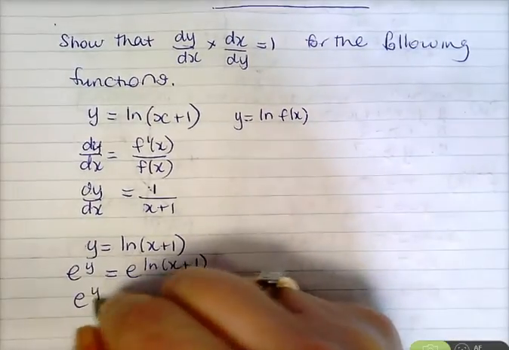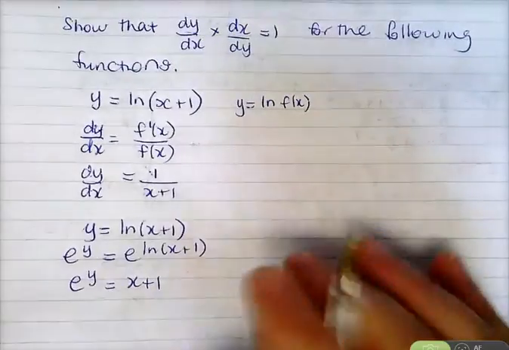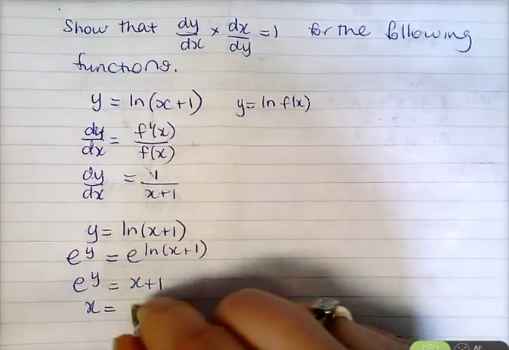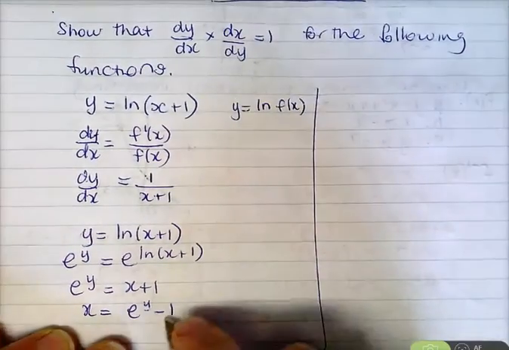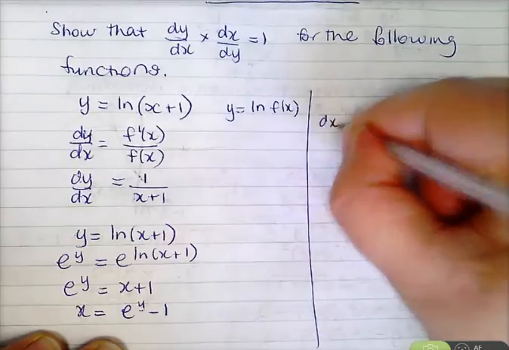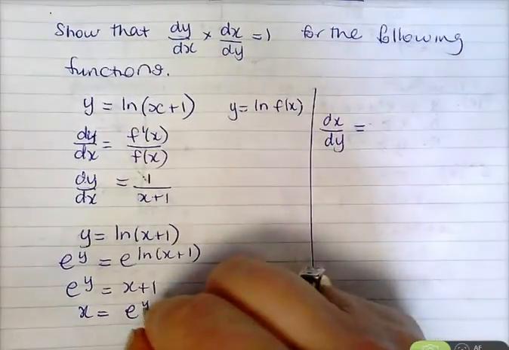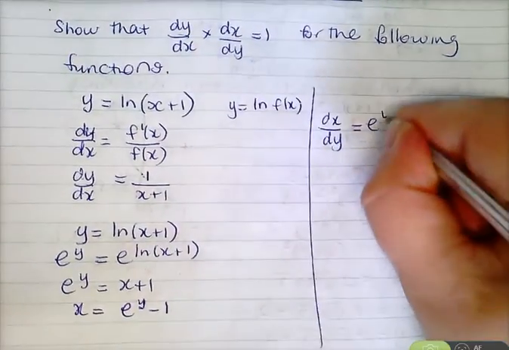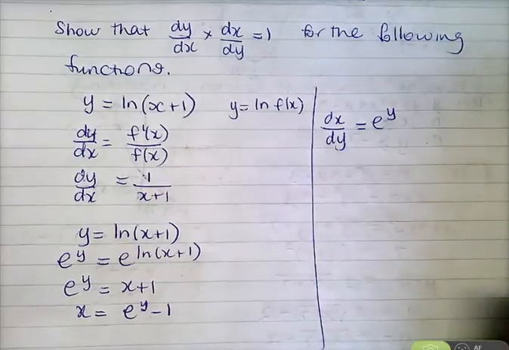So therefore, e and ln cancel, so x plus 1 equals e to the y, which means that x equals e to the y minus 1. So now we're going to find dx/dy for that function. So dx/dy is, now if you differentiate e to the y, you just get e to the y, and if you differentiate a minus 1, you get the constant 0.